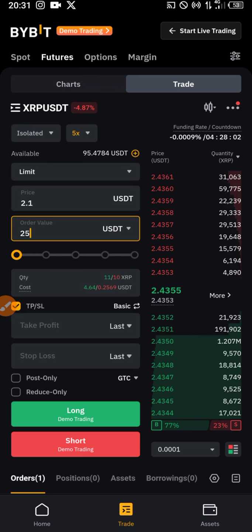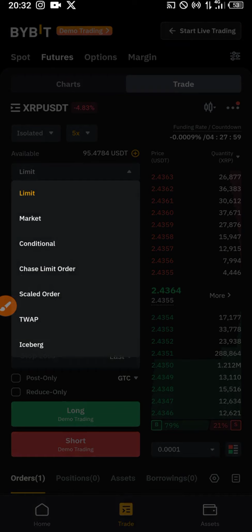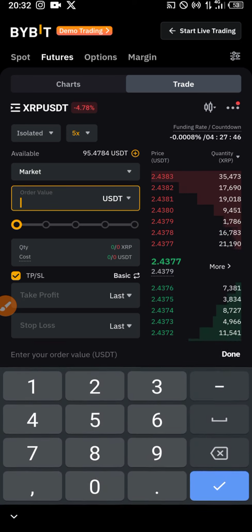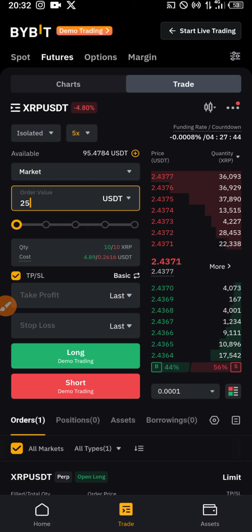That's because we are using a limit order. Let's say you are a taker. You change this limit to market. That means you want to take something out of the order book, because you are using a market order, and your order value is also 25. Remember I told you they charge higher for takers, when you take liquidity from the order book.